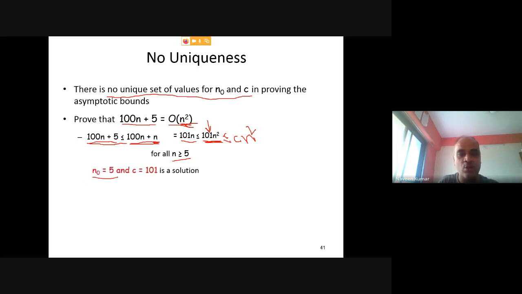So for n0 equal to 5 from here and C equal to 101 from here, you can say this approximation is correct. So you can write 100n plus 5 is equal to big O of n square, right? So hence proved.